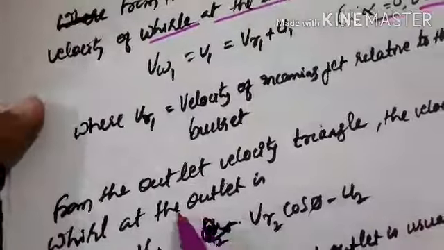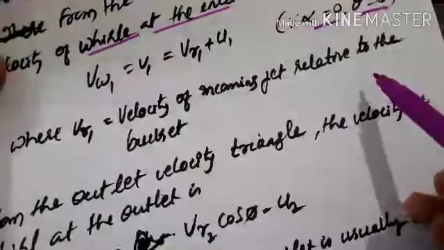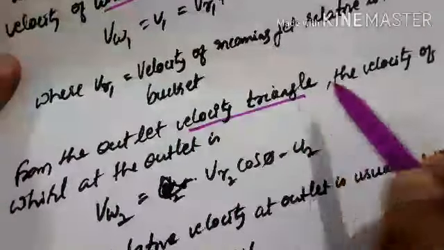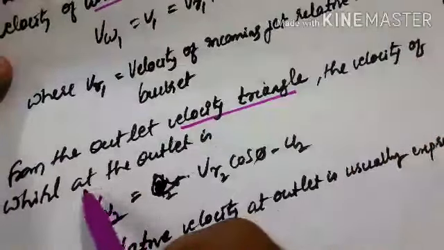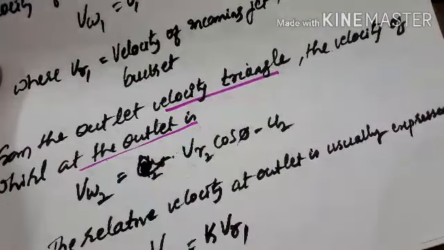Since alpha is equal to 0 and theta equal to 0, where Vr1 is the velocity of the incoming jet relative to the bucket. From the outlet velocity triangle, the velocity of whirl at the outlet is given as Vw2 equal to Vr2 cos phi minus u2.